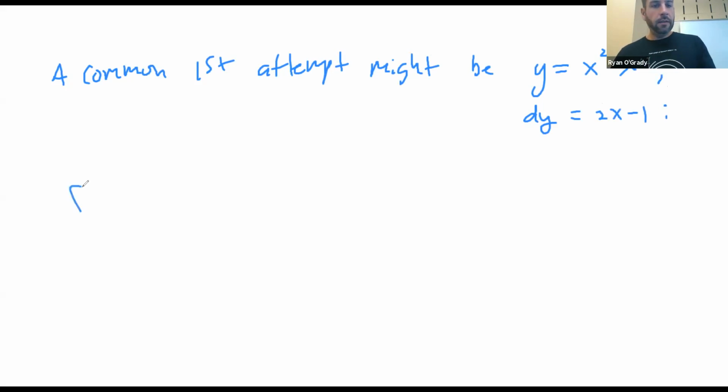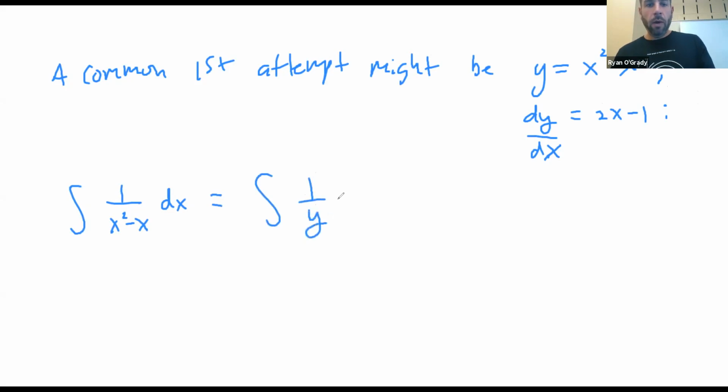If we try this, then your integral, oh, I forgot my dx here. If I try doing this, then this integral becomes 1 over u, or excuse me, 1 over y. Now, what is dx? If I substitute that in, this is 1 over 2x minus 1 dy.